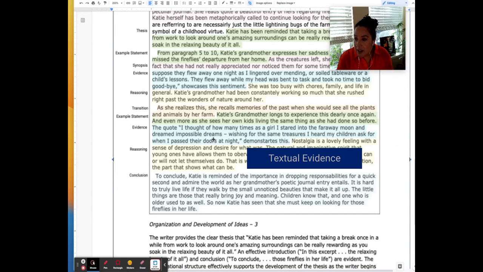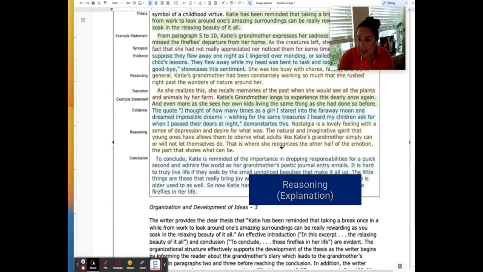Then we have the evidence to support that example statement. The quote, I thought of how many times as a girl I stared into the faraway moon and dreamed impossible dreams, wishing for the same treasures I heard my children ask for when I passed their doors at night, demonstrates this. And then the reasoning or explanation of that quote.